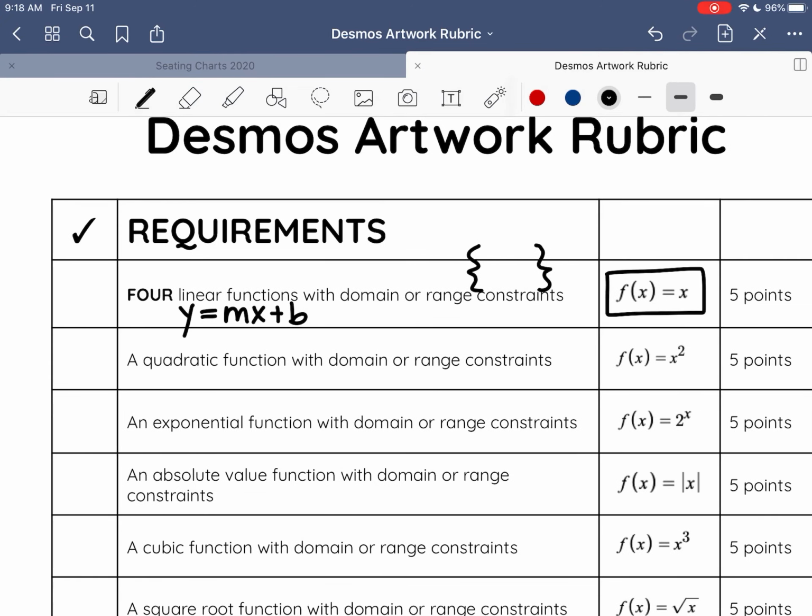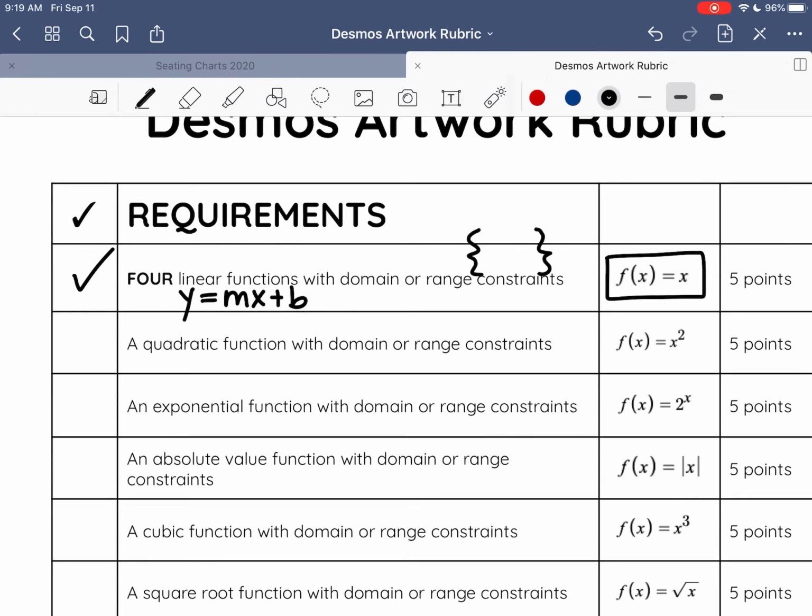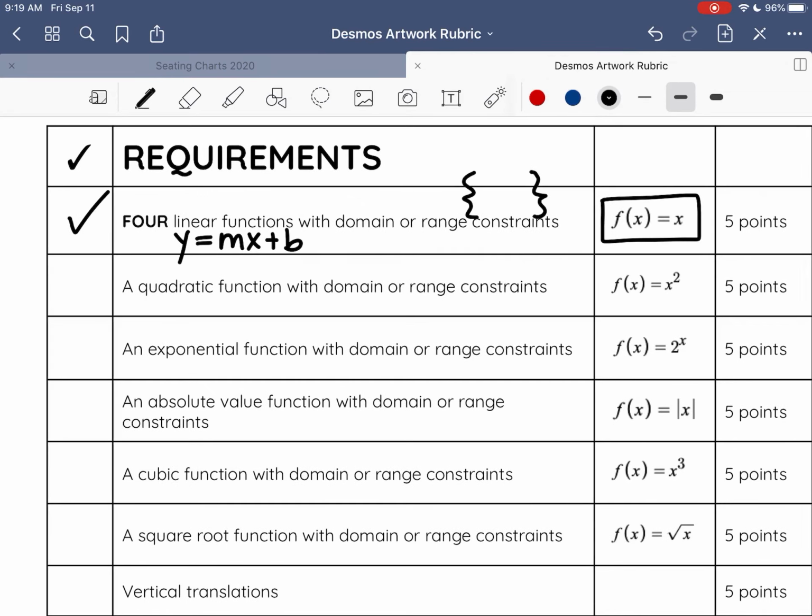So if you'd rather think about them in that regard, it's the exact same thing. I move it up and down with this number at the end, and then I change the slope or stretch/shrink my graph with m. So that is something to consider, but your graph needs to have at least 4 straight lines in it. In addition to having 4 linear functions, you need to have at least 1 quadratic.